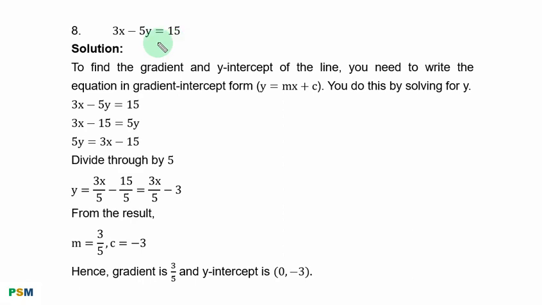Example 8, you have 3x minus 5y equals 15. Solution: to find the gradient and y-intercept of the line, you need to write the equation in gradient intercept form.